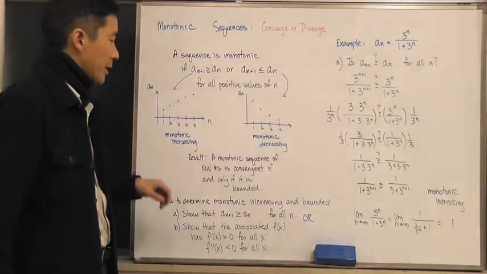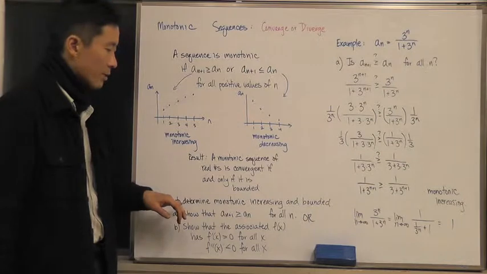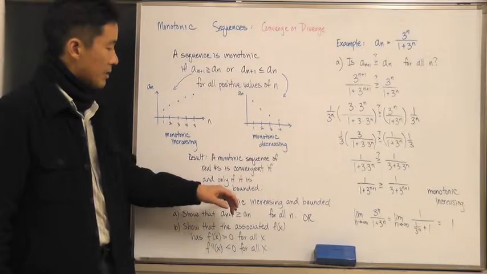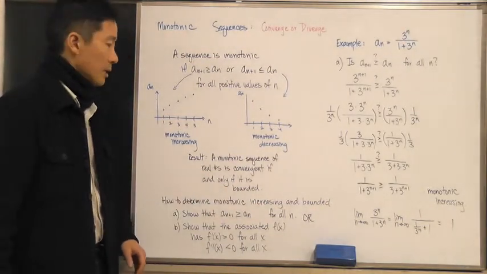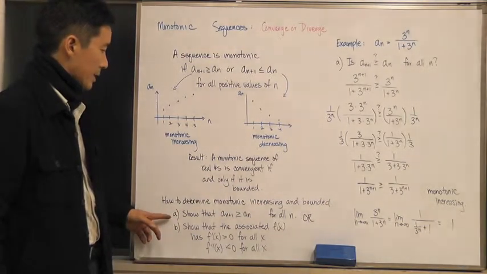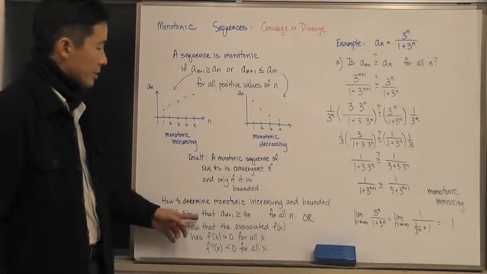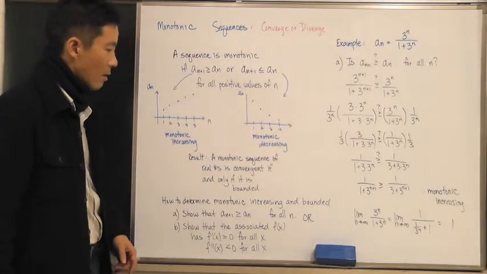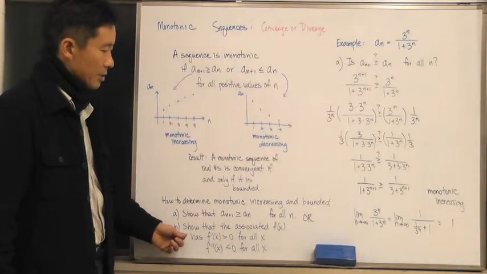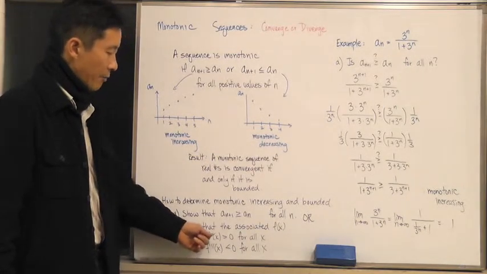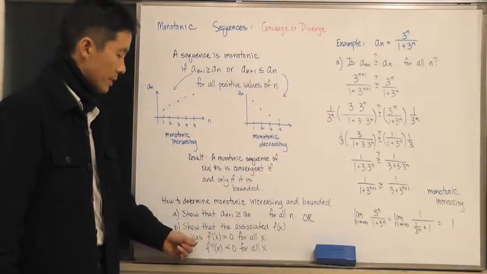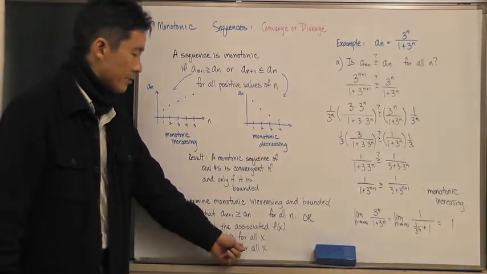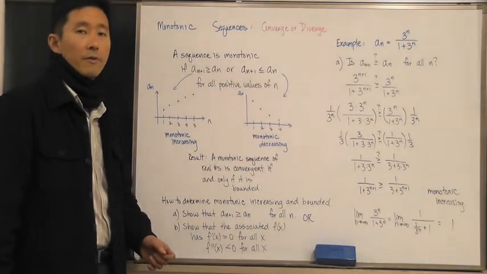Now how do we go about determining how to determine if a sequence is monotonic increasing and bounded? Okay, let's go ahead and take a look at this. It says, for example, we need to show that a sub n plus 1 is greater than or equal to a sub n for all n, or you can show that the associated f of x has f prime of x greater than 0 for all x, which means that it is increasing, and also that f double prime of x is less than 0 for all x, which means that it is concave down.